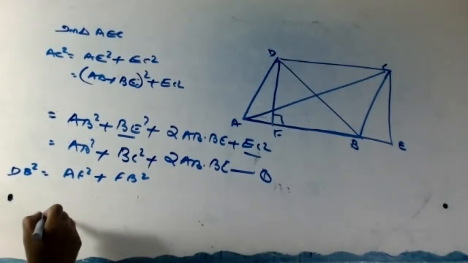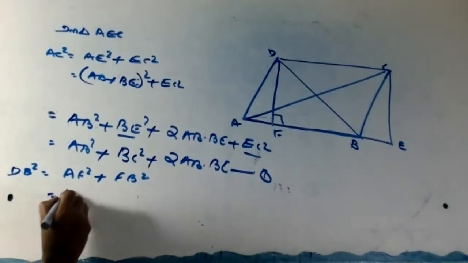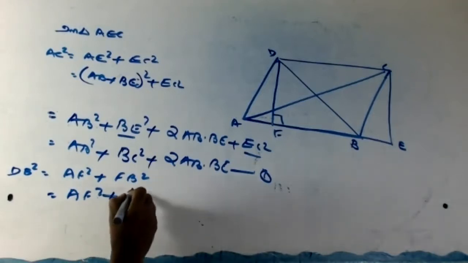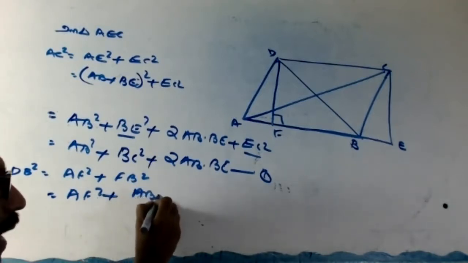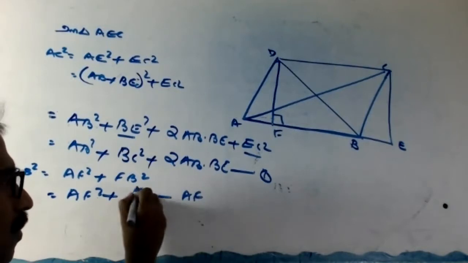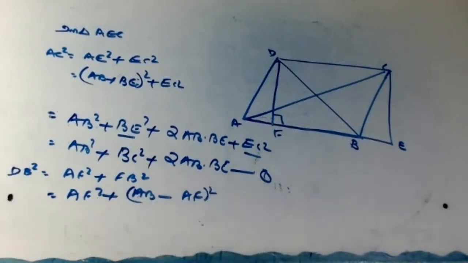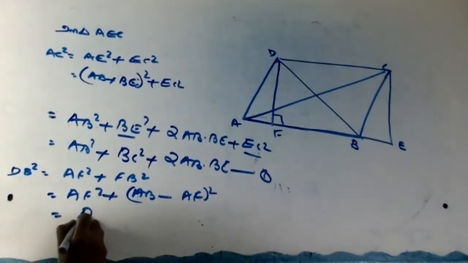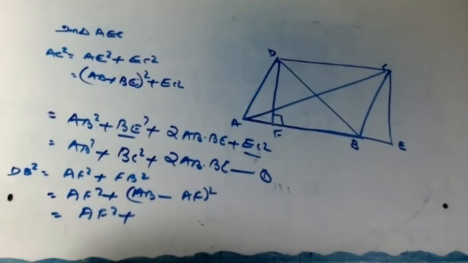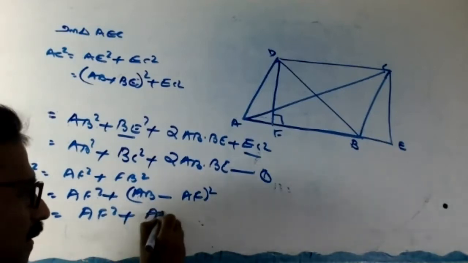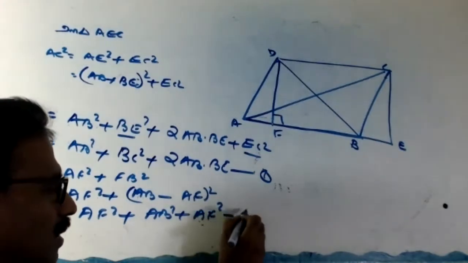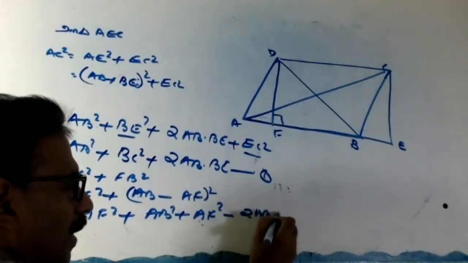That is AF. Okay, FB we can write AB minus AF whole square. FB means AB minus AF whole square. So that is AF square plus AB square plus AF square minus 2 AB into AF.